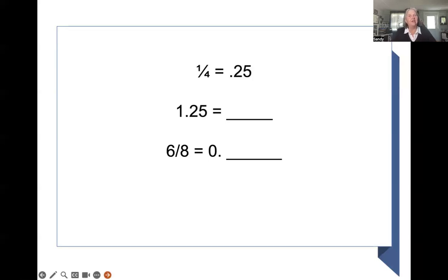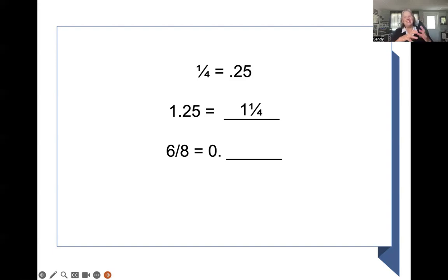So for us, this next one would be 1 and 25 hundredths versus 1.25, right? 1 and 25 hundredths. What's another way we could write 25 hundredths? We've looked at that equivalency above. So 1 and 1/4 would be equivalent to 1 and 25 hundredths. 6/8.